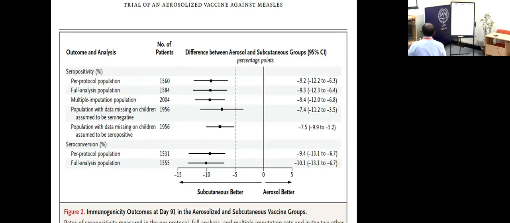And the results are given to you. When you look at the average difference between the two arms, the aerosol arm and the subcutaneous group, the difference was minus 9.2%. And the confidence interval is minus 12.2 and minus 6.3. What is your margin? Margin is 5%. Non-inferiority margin is 5%.